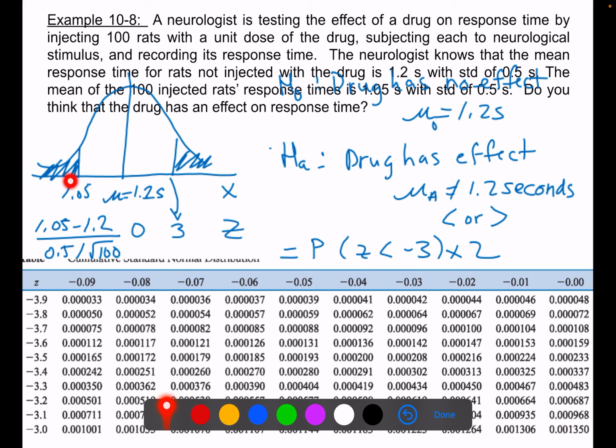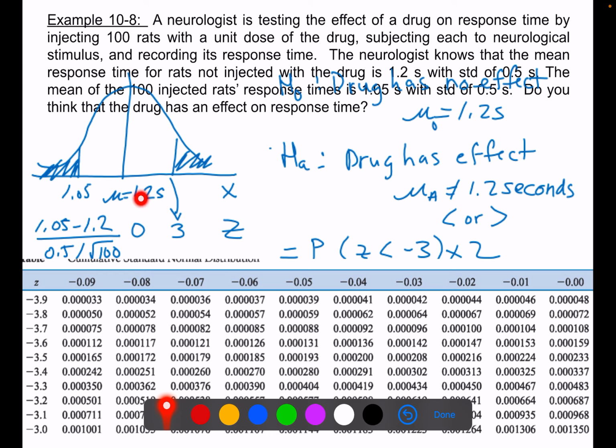So this area is 0.001, and all we have to do is multiply this number by 2. So it becomes around 0.2%, 0.3%. And that's a very, very low probability, right?